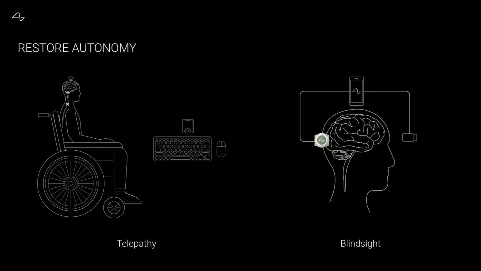Again, the purpose of this is to restore autonomy. We want to help people with unmet medical needs. Two cases here that we have are telepathic control of a computer cursor, as you can see on the left, for people who have motor impairments and are unable to move their arms in a way to control a computer. We want to allow for telepathic control. This year, we did start our first clinical trial, and we have one person who is actually benefiting from this therapeutic case.